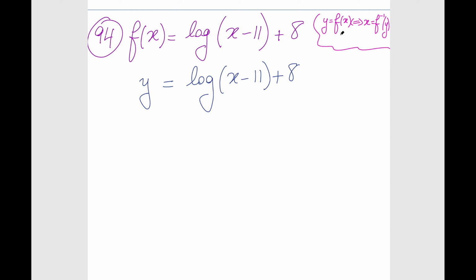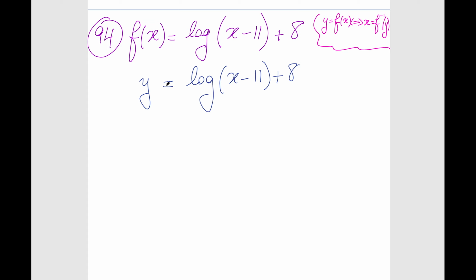That's the engine behind finding the inverse function. So if you have y in terms of x, with y on one side and x on the other, and you manage to solve for x, then the right hand side is certainly f inverse of y. This is what we used to do, if you remember. Well, let's do it.